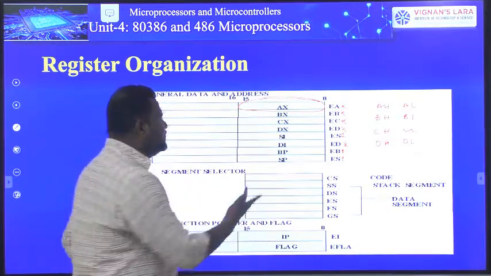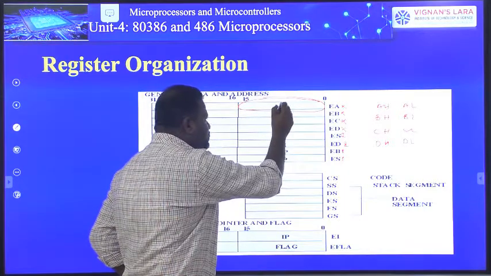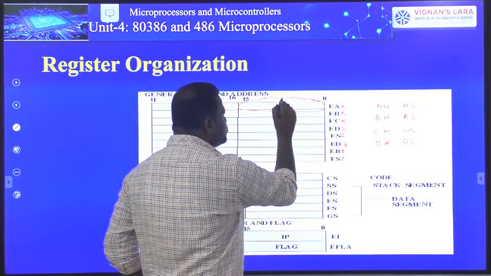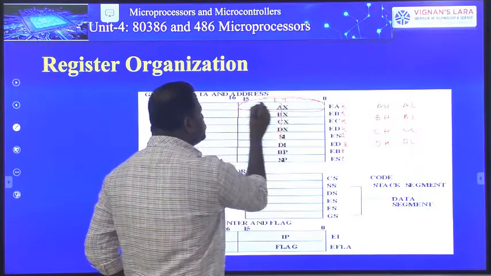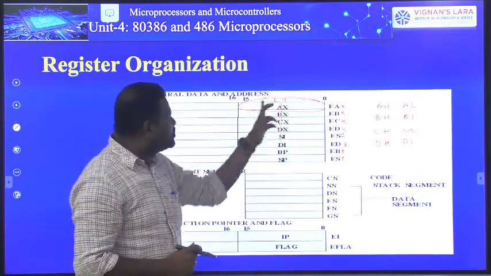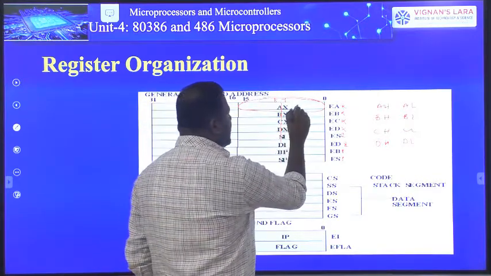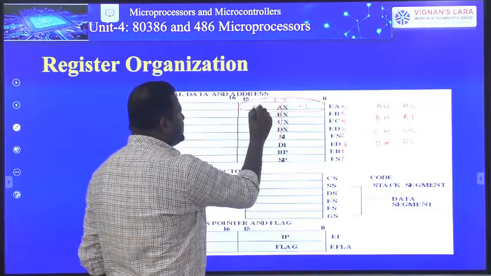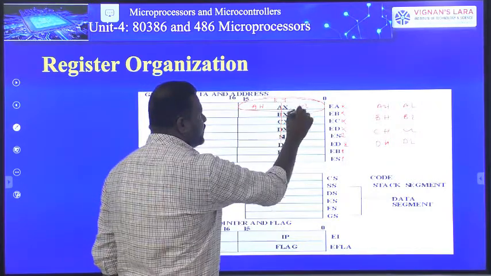Only the thing here is, friends, these are 16-bit registers that I split like this. That is from 0 to 7 and then 8 to 15. In the AX register, 0 to 7 I consider as AL, and from 8 to 15 I consider as AH. Right?